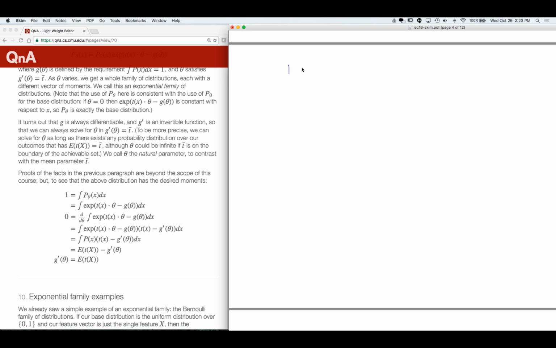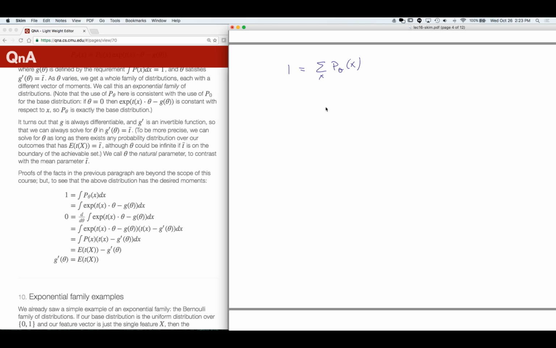We start with the equation 1 is equal to, I wrote an integral here, but it should actually be a sum, right? The sum over all possible values of x of p theta of x. I'll fix that after class. We know this is true because all probability distributions sum to 1.